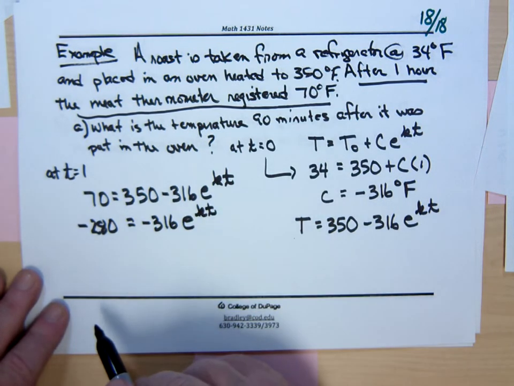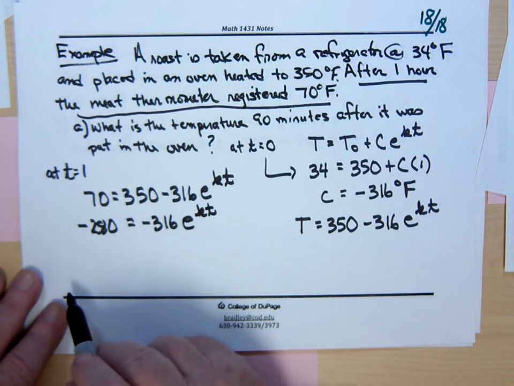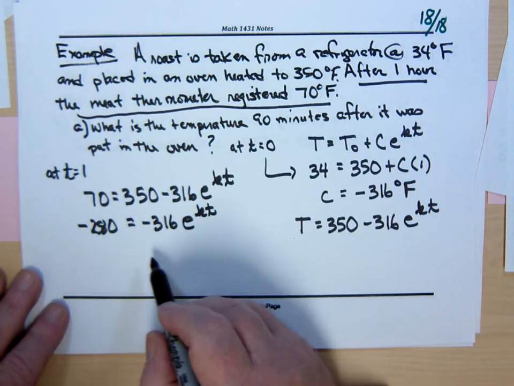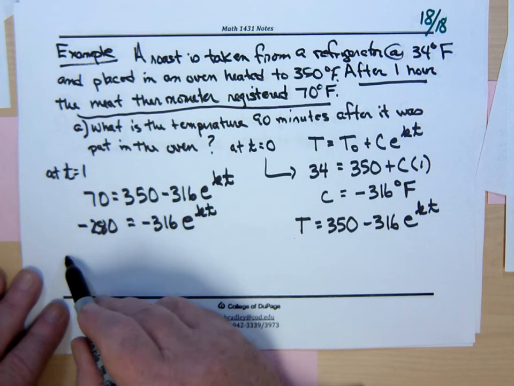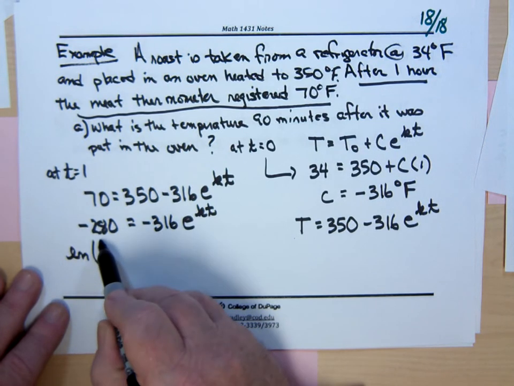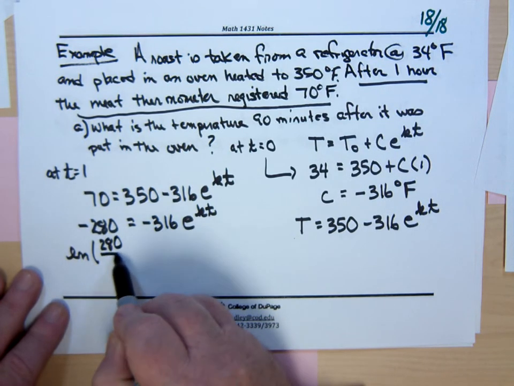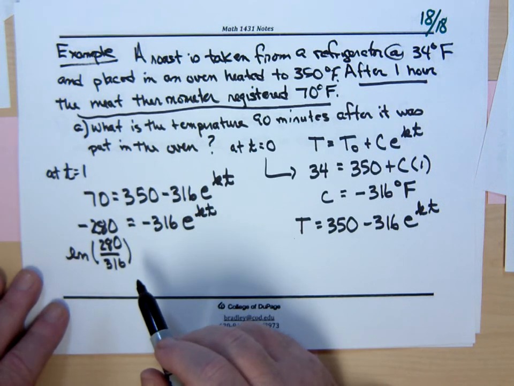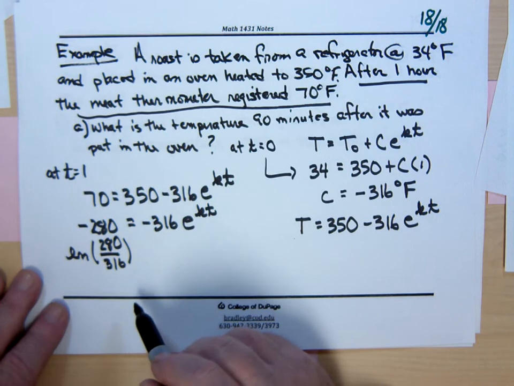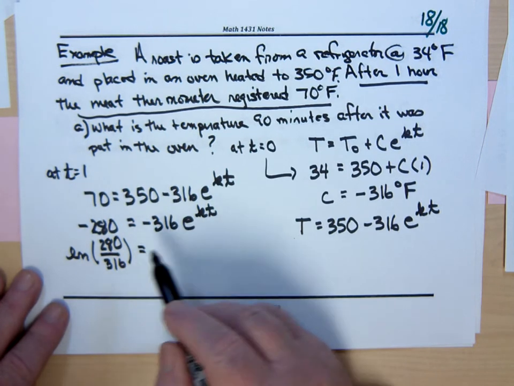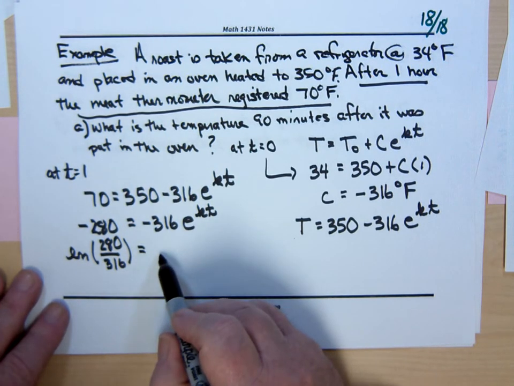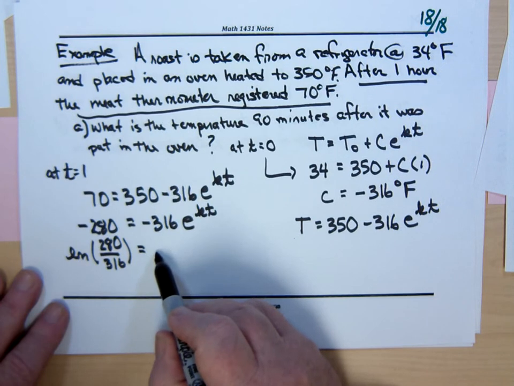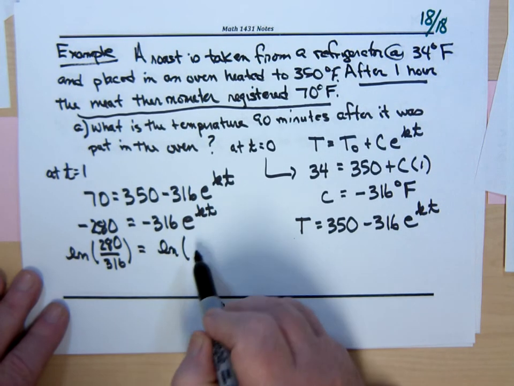So what we're going to have is that, taking natural logarithms, the natural logarithm of 280 over 316 is what we have on that side, and this is equal to the ln of e to the KT.